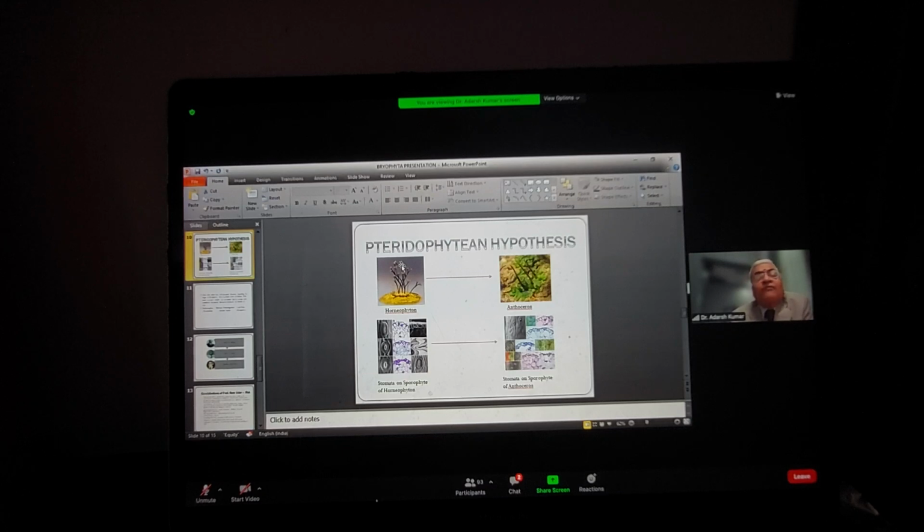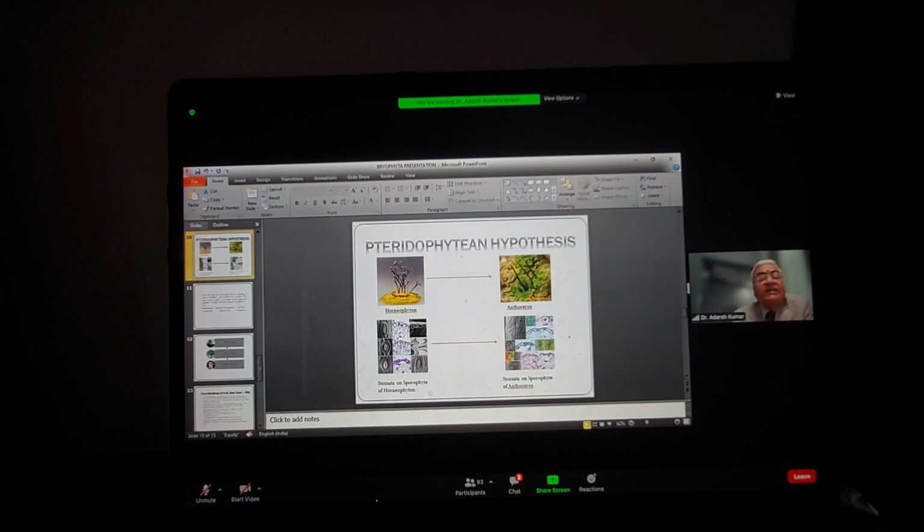In due course of evolution, this dichotomy stops and the apical meristem comes downward at the middle part, which becomes meristematic in case of the Anthoceros, and the lower part is the foot. So from the sporophyte of the pteridophyte, the hornworts as well as the mosses, the sporophyte evolved.